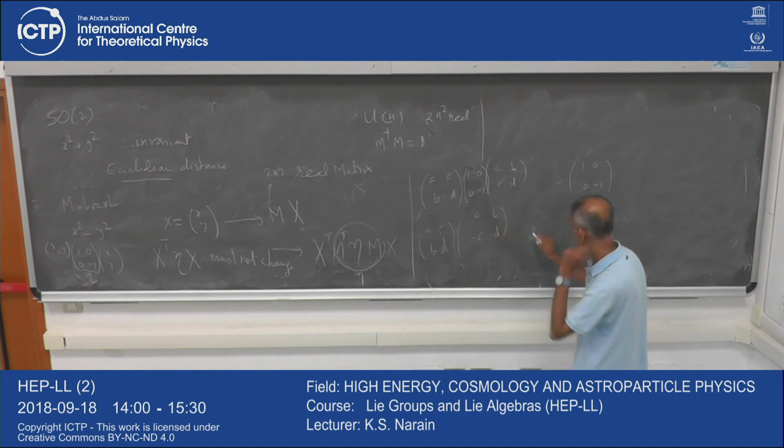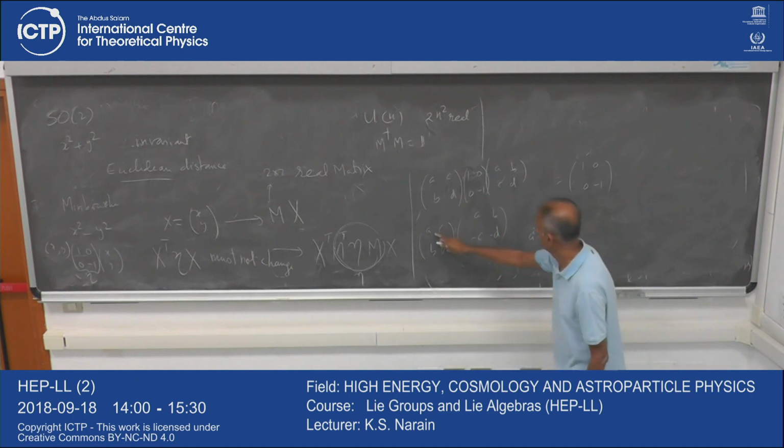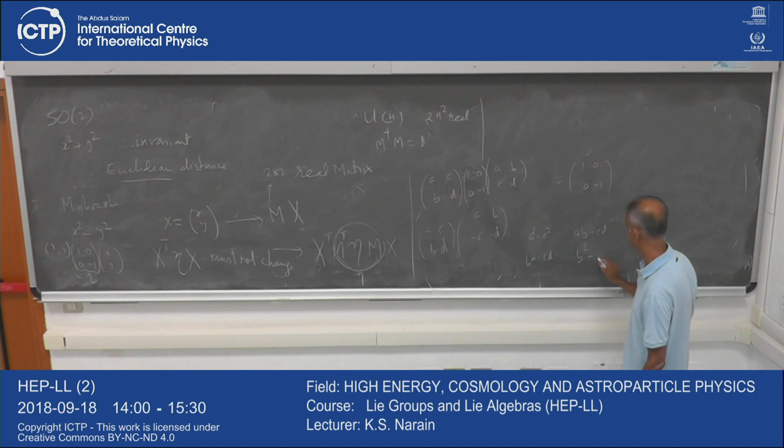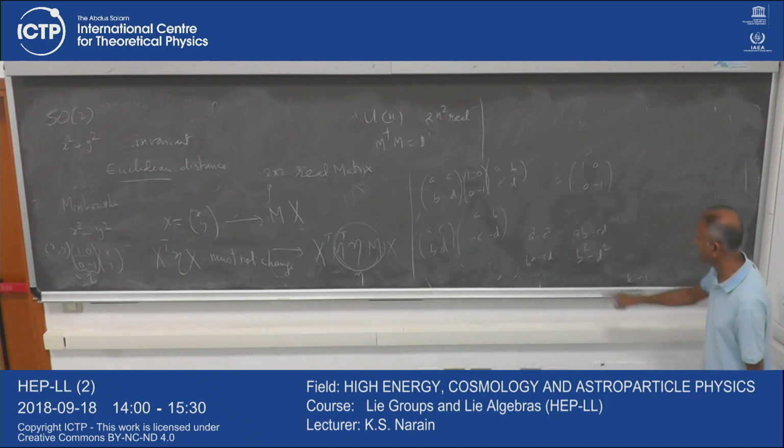So you will find here a square minus c square, ab minus cd, ba minus cd, so this is the same, and b square minus d square. And that should be equal to that.